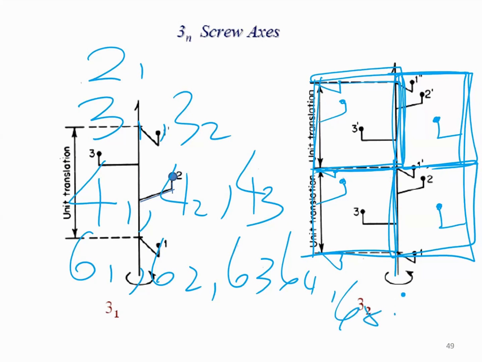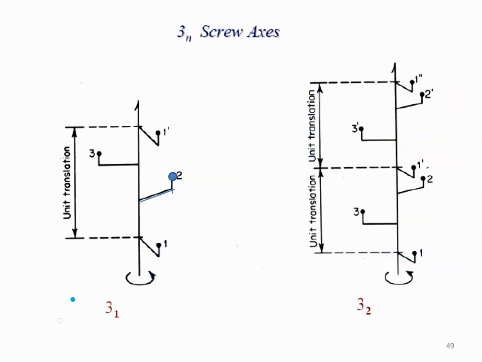Okay, normally there will be 1 or 2 questions that will ask you to draw the screw axis of 4_x and 6_x. Either 4 or 6, I will ask you to draw 4_1, 4_3, 4_2, 6_1, 6_2, 6_3. There's always one question. Okay, therefore, I want you to go home and try to work on it. Okay, how to draw the screw axis for 4_2, 4_3, 6_5, and so on and so on.